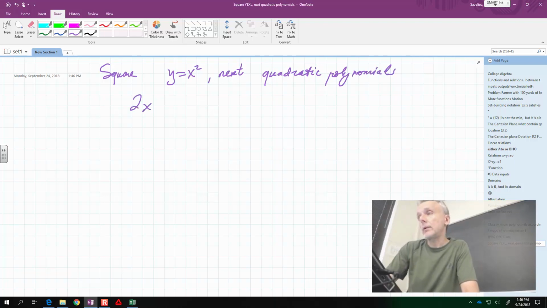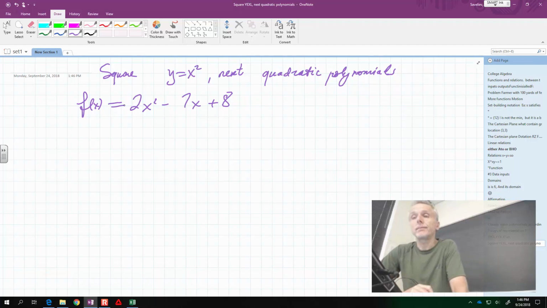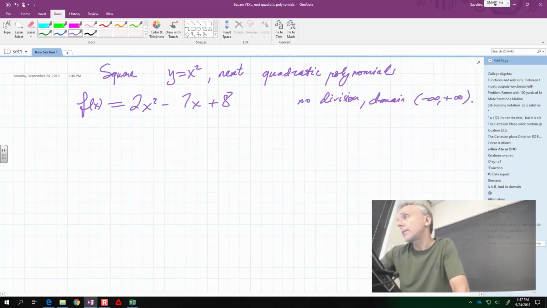So, I don't know, 2x squared minus 7x plus 8. Like this. A quadratic polynomial. The computation is certainly more complex, but still no division. So nothing to exclude from the domain. So the domain is, once again, everything: negative infinity to plus infinity.